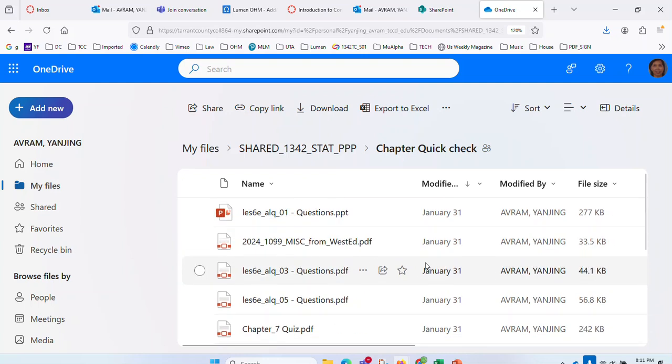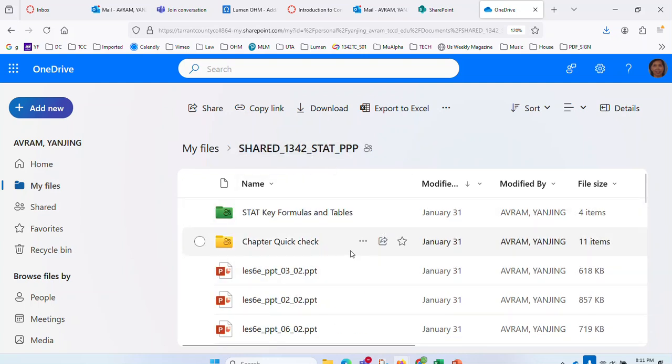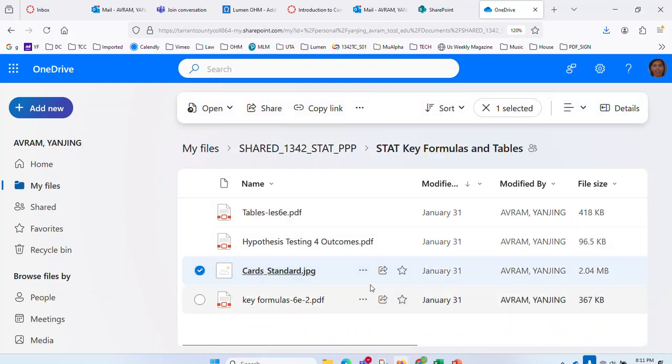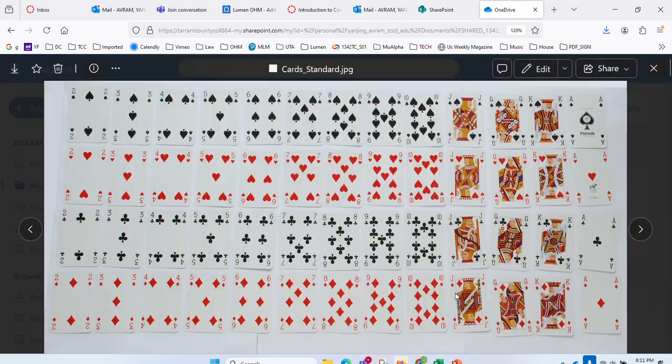In this share drive, you have the key formulas and the table right here, and then you have a list of the standard cards. If you need, you can print it out, so you can look at how many different cards there are. This is called a standard deck, and then you have Ace, Jack, Queen, King.